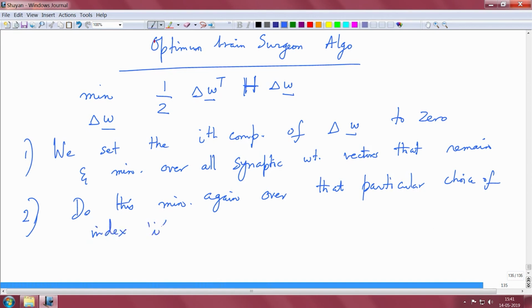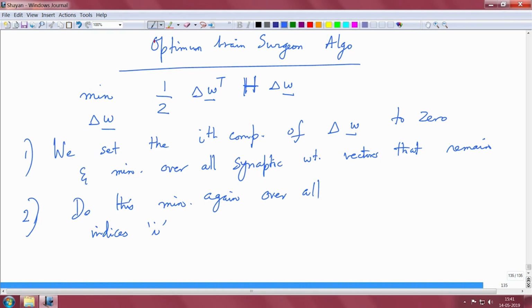We minimize again over, I would say, all indices I to figure out what is the best way that we can get delta W, because it is a 2-step optimization process.